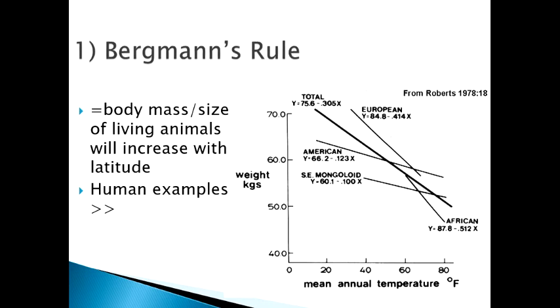So African humans, which are predominantly present in Africa at lower latitudes, which means higher temperatures, have lower body masses. Compare that to Europeans, where they are present at higher masses at these lower temperatures.